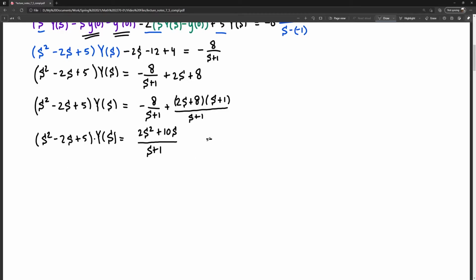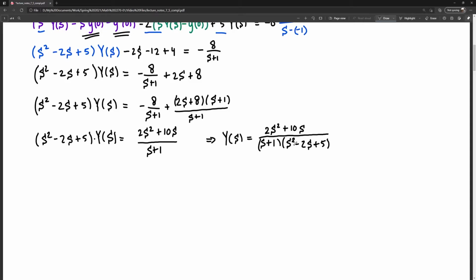So from this, it follows that my Y(s) is equal to, in the denominator, (s plus 1) times (s squared minus 2s plus 5), and then in the numerator, we have 2s squared plus 10s. So that is my expression for Y(s).